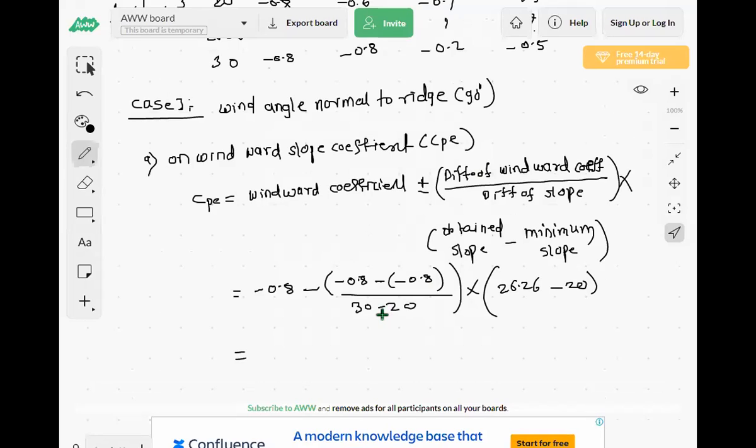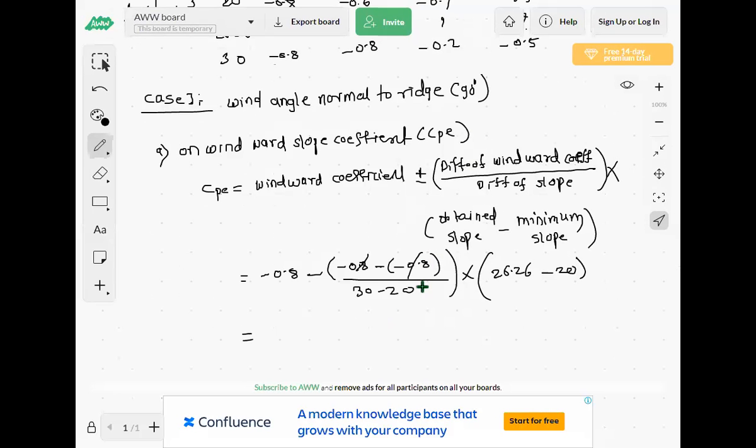How? This calculation is 0, so 0 divided by 10. Whether you give a plus sign or a minus sign here, the next term has no meaning. So our answer will be minus 0.8.